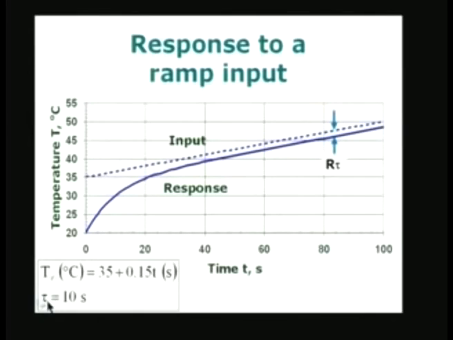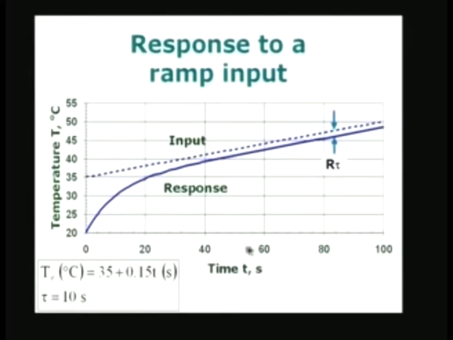The time constant of the sensor I have taken as equal to 10 seconds, and I have shown the plot when the temperature of the sensor was 20 degrees to start with. Okay. So, initially you see that the temperature is increasing and it is trying to catch up with the temperature of the ambient, which itself is again increasing, and therefore, it will never catch up completely.